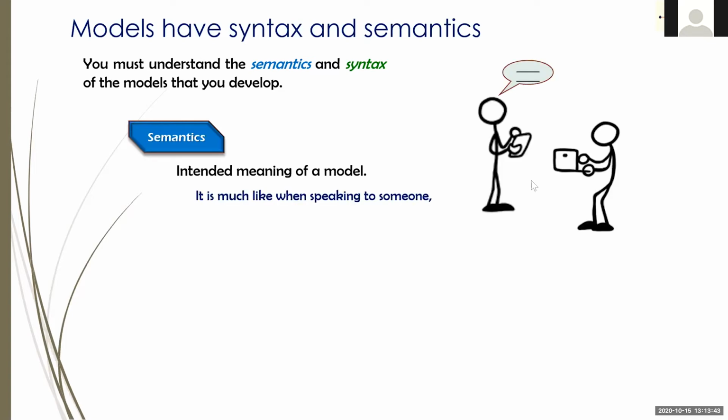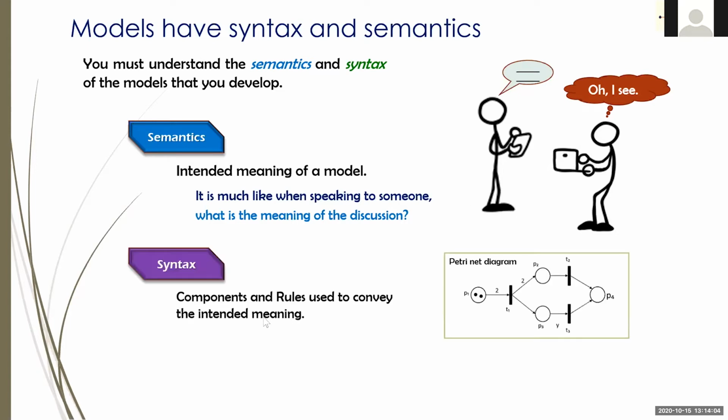It is like when we are talking right now, I'm making a sentence and you are getting some understanding of that sentence, okay? Why? Maybe because you know that the sentence should have a subject, a verb, and then a predicate. Now, talking about that, we also have components and rules that help us to convey the intended meaning.